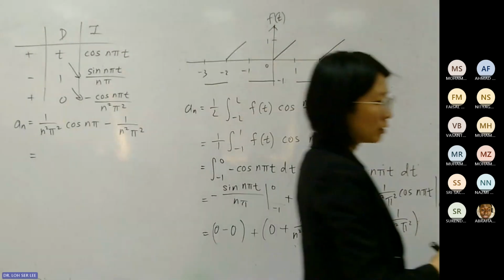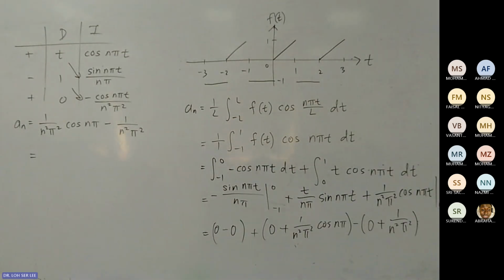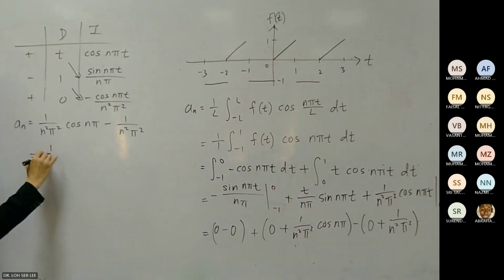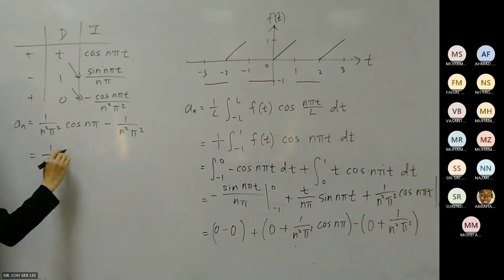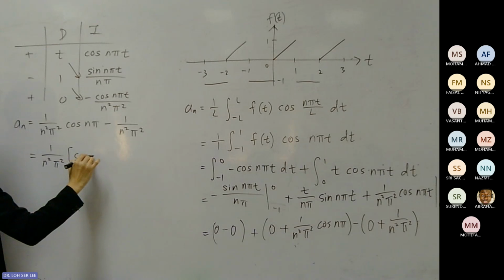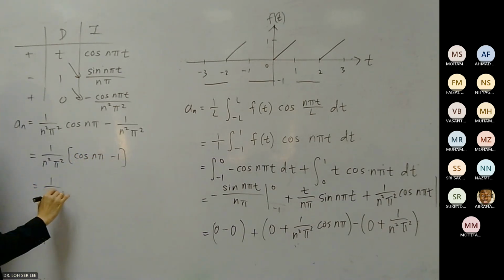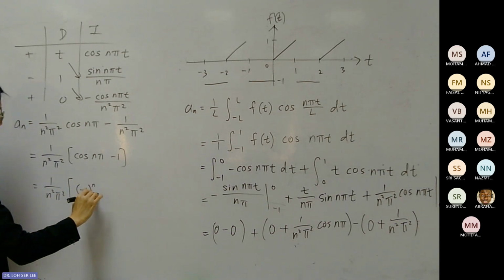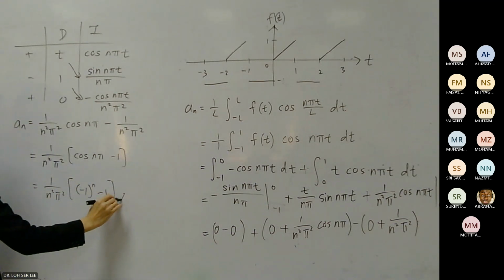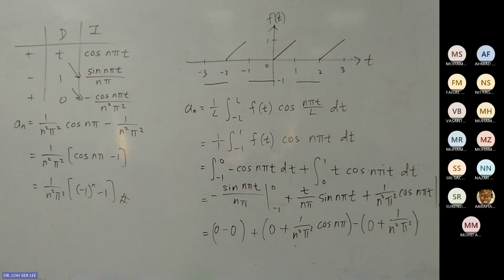Factorize 1 over n squared pi squared and change the cos n pi into negative 1 to the power of n. Then you get your An. This is your An.